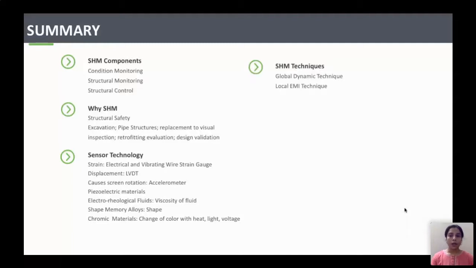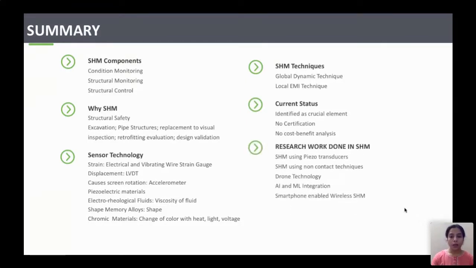Then we learned about the global technique and the local EMI technique. In the global technique, the whole structure is acting as one unit. However, in the local EMI technique, only a small part of the structure is responding. Then the current status of SHM is that no certification is available. And we also reviewed some of the research work done in SHM.